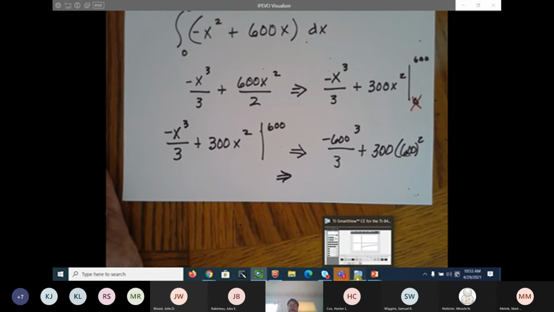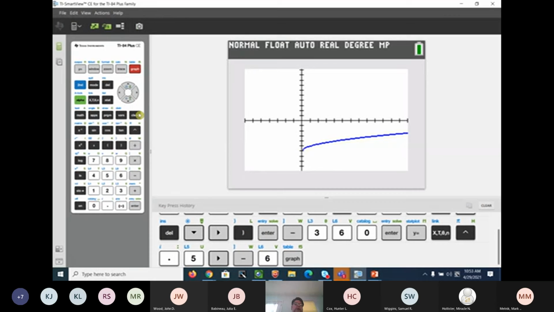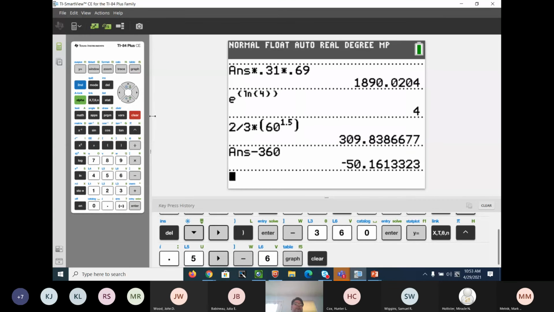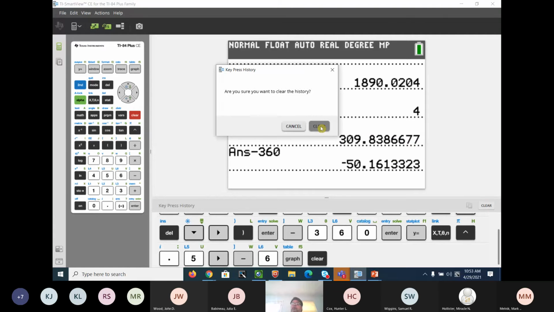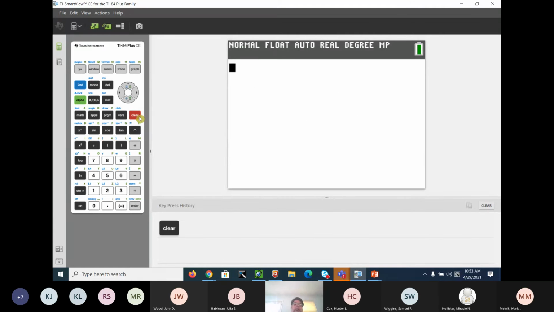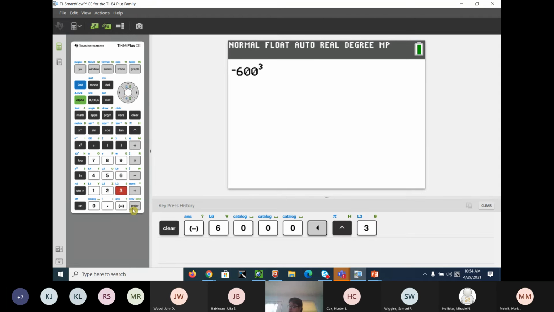So parentheses, let's clear that. Clear, clear, clear, negative 600, oops, cubed, divided by 3.